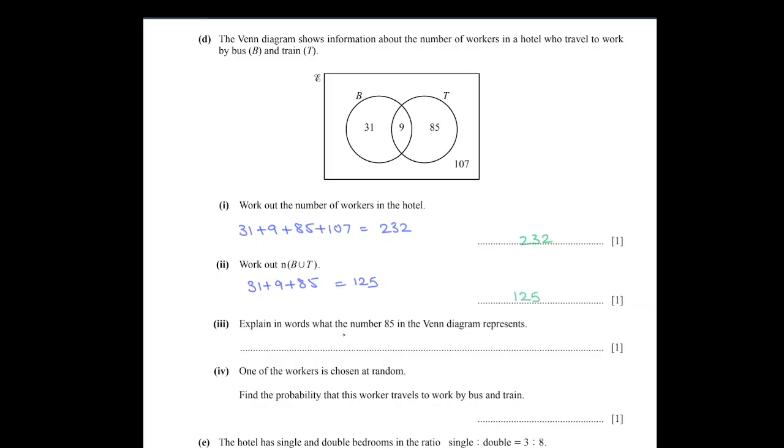Next, explain in words what the number 85 in the Venn diagram represents. This is the number of workers who travel by train but not by bus.